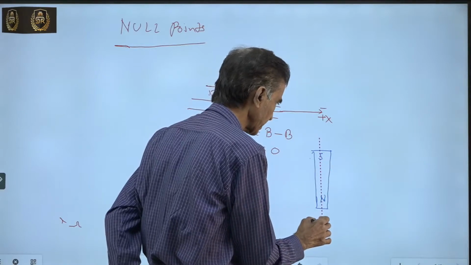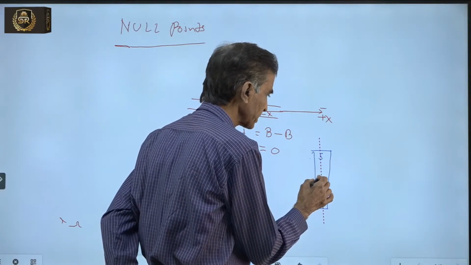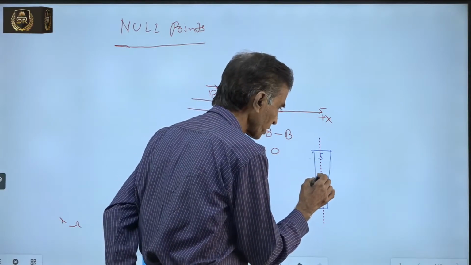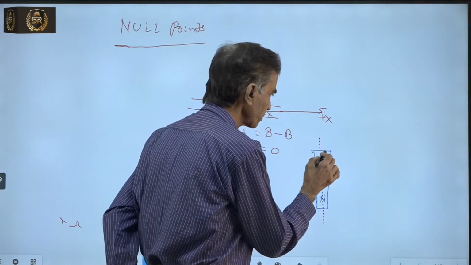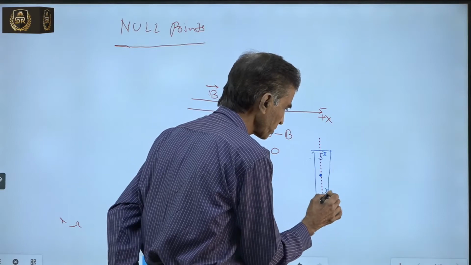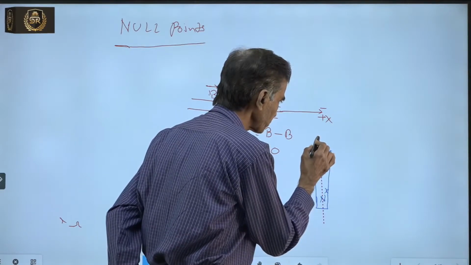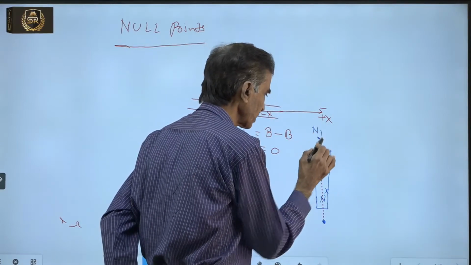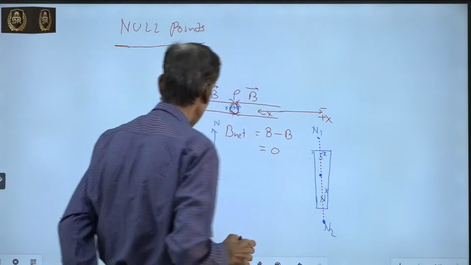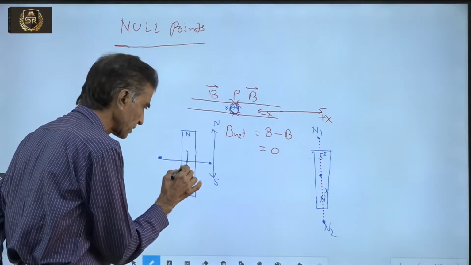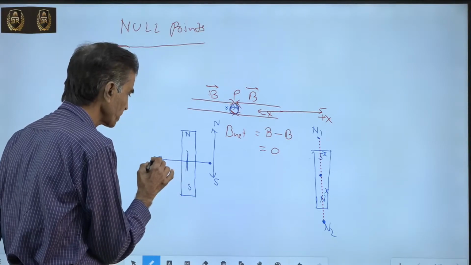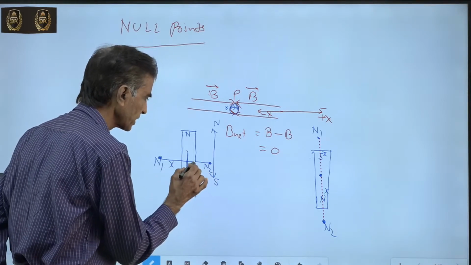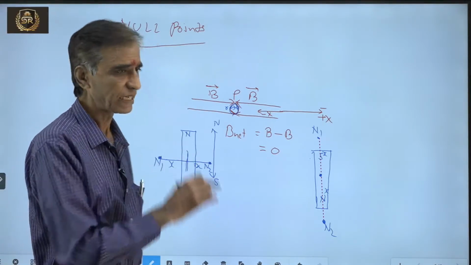They are equidistant from the center of the magnet. Suppose this is the center of the magnet; here it is x and this will also be x. So one point will be here outside the magnet and one point here. That is null point 1 and this is null point 2, each at a distance x from the center of the magnet.